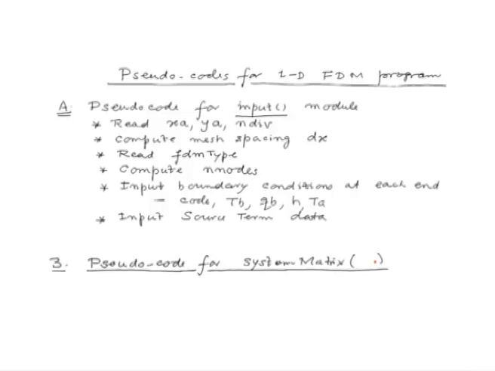Okay, what are the main tasks which we need to do here? We have got all the geometric informations, the source term information, and that information has to be supplied in this parameter list for this module's system matrix.